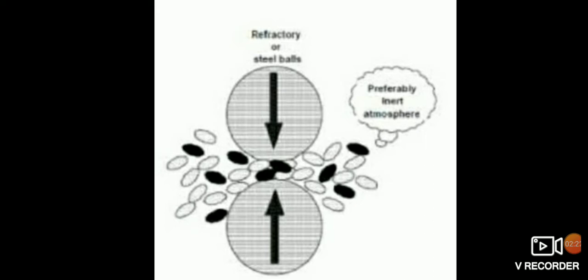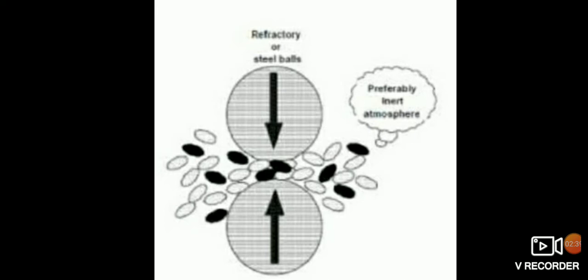The figure shows a schematic representation of the principle of mechanical grinding. Mechanical milling is typically achieved using high energy shaker, planetary ball, or tumbler mills.